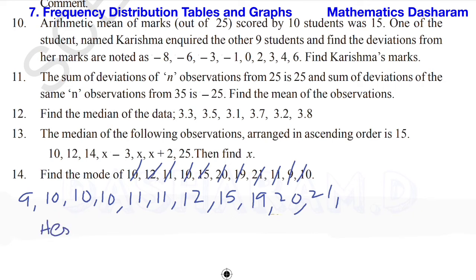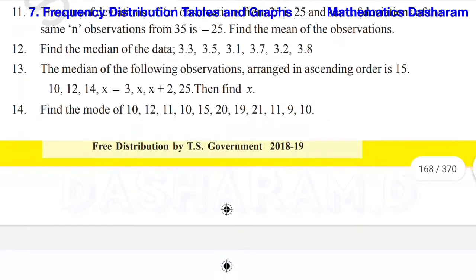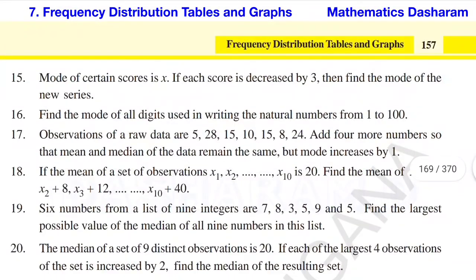So 10 is repeated most frequently. Therefore the mode of the given data is 10.